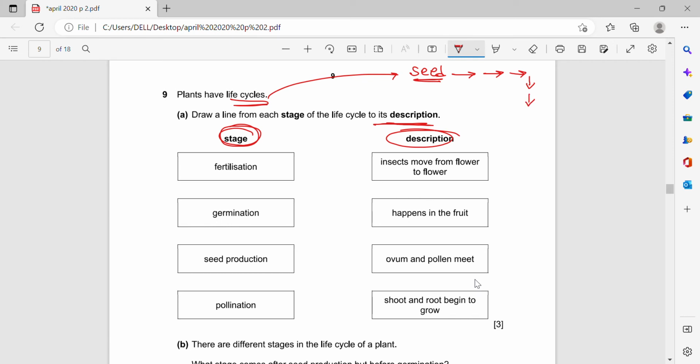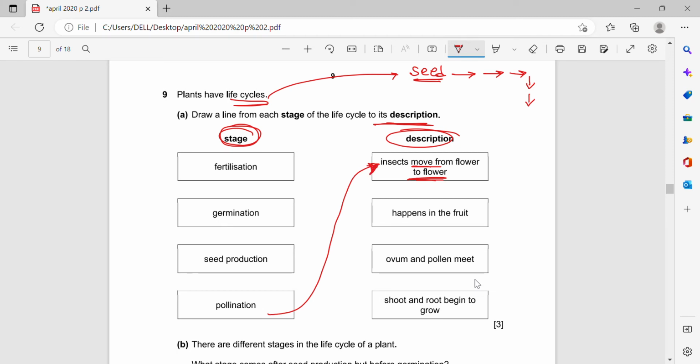Okay, so I need here to match fertilization, germination, seed production, pollination. On the other side, the description: insects move from one flower to flower. Here, this description helps me in which stage or happens in which stage. Great, this is the pollination.